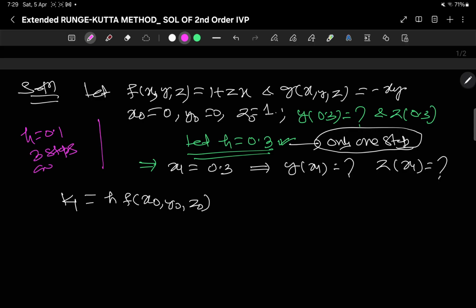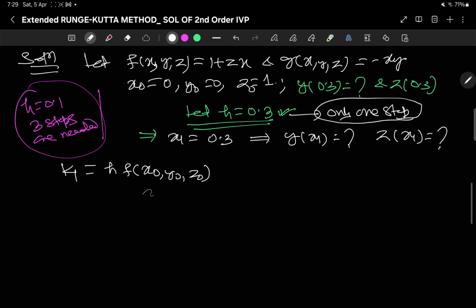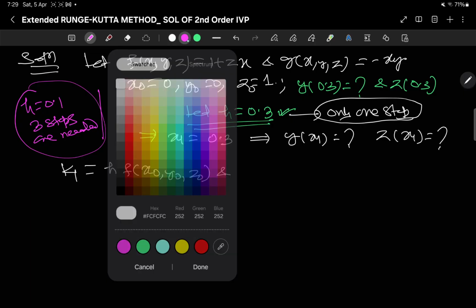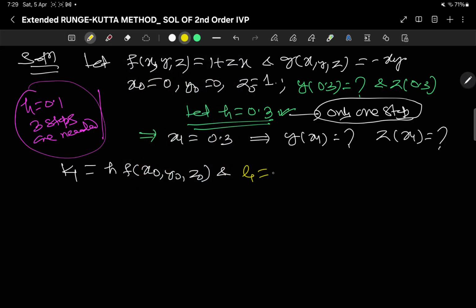But I want to minimize the steps as the method is itself lengthy. At the same time, my l1 is h g of x0, y0, z0.